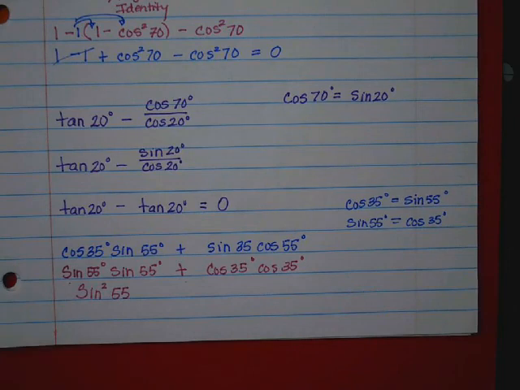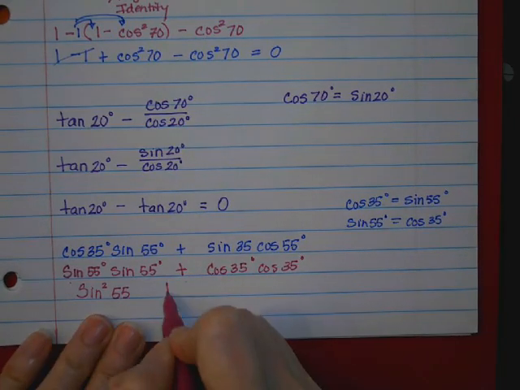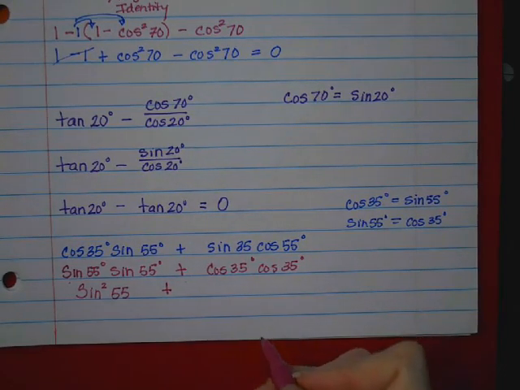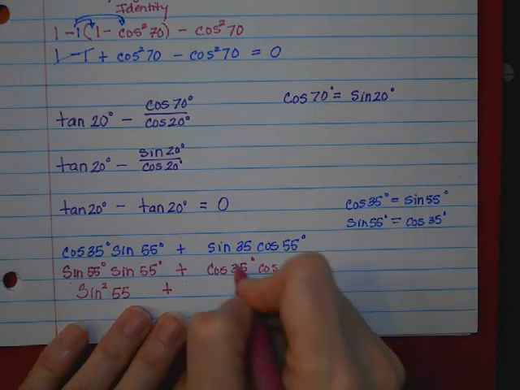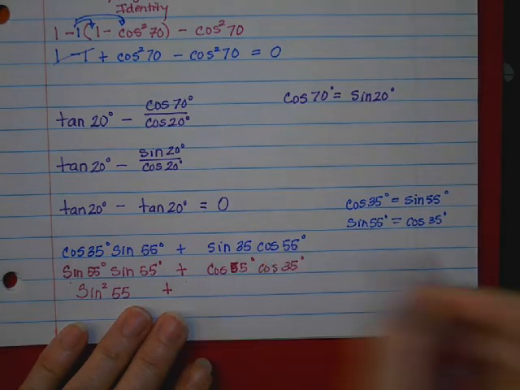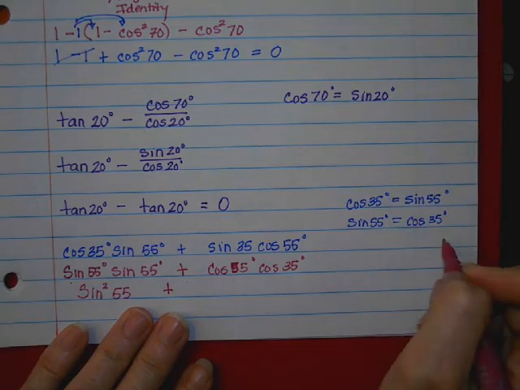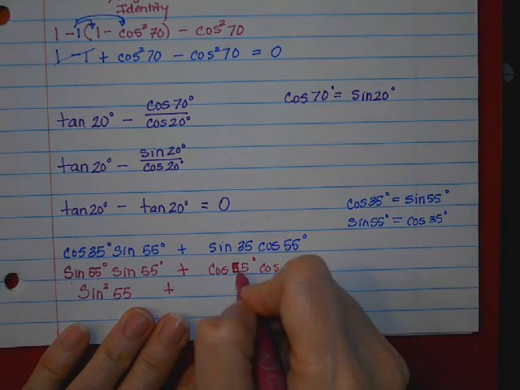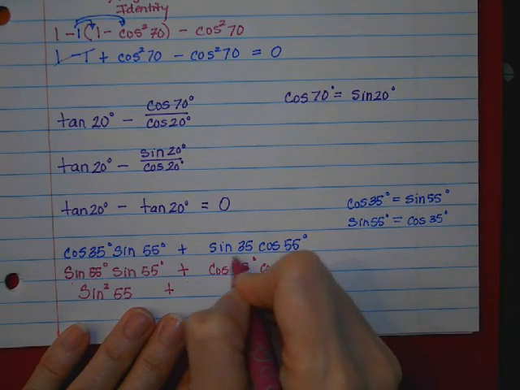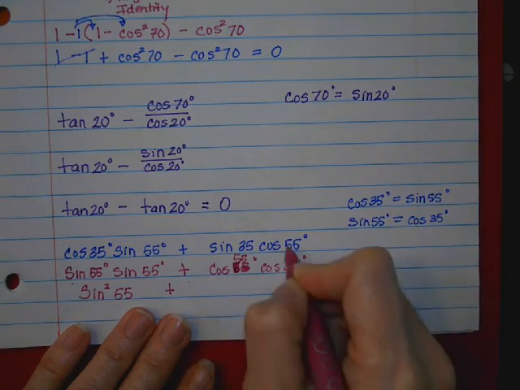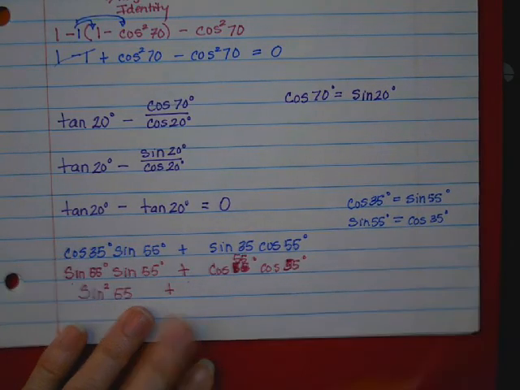All right, everybody good so far? All right, then over here, I got to fix my boo-boo. This should not be 35, this should be 55, because the sine of 35 is the same thing as the cosine of 55, and that stays 55 degrees. I don't know what I was thinking. Brain farting.